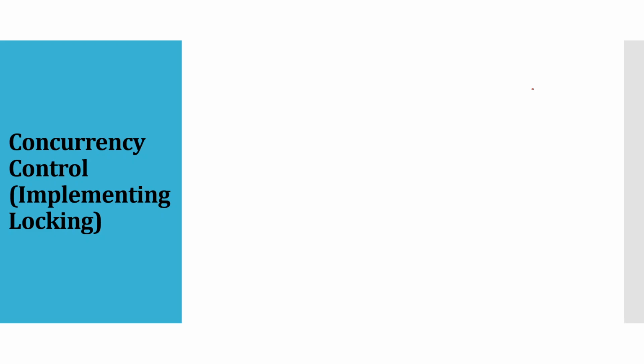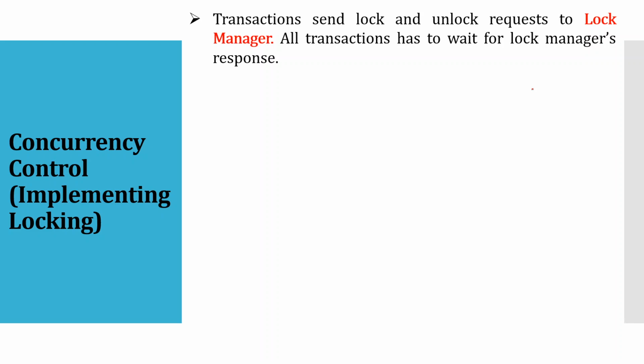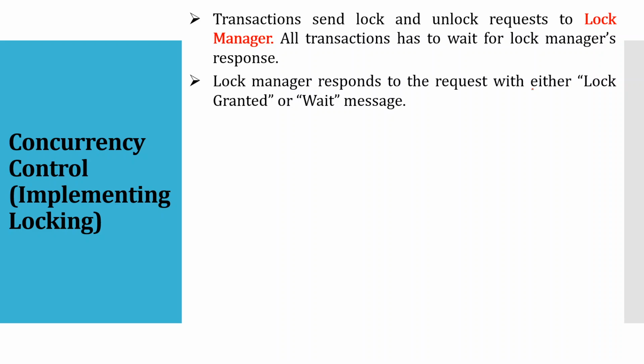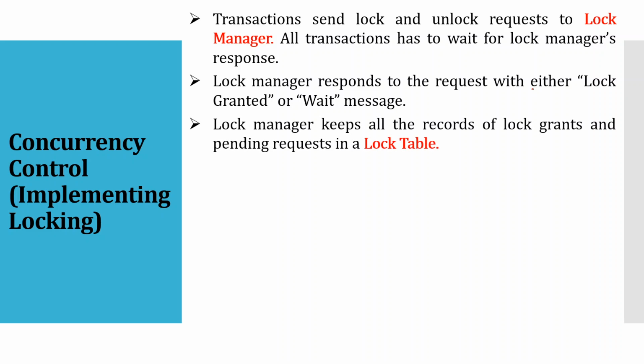Then we have implementing locks. Locks are mainly implemented or managed by the lock manager. It will either give you a lock granted or a wait message depending on the availability of the resource, and all the data is managed under the lock table.